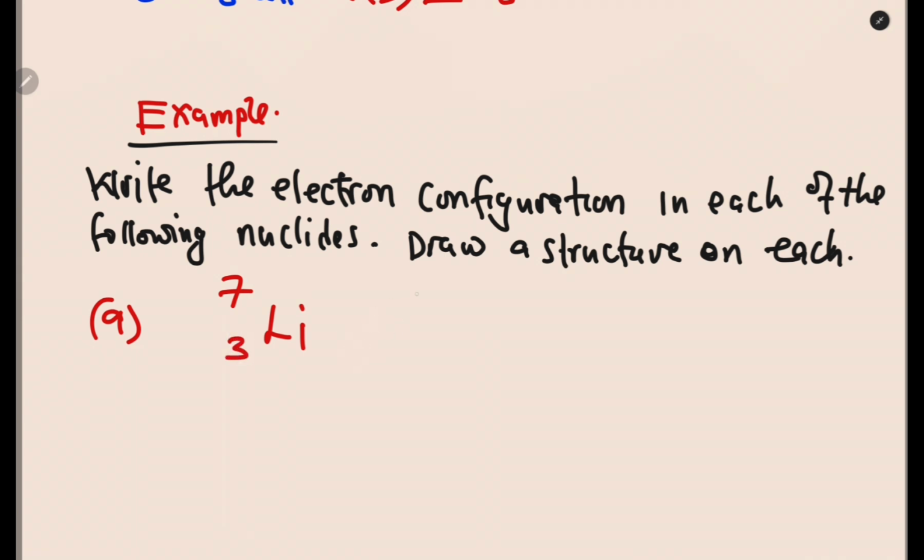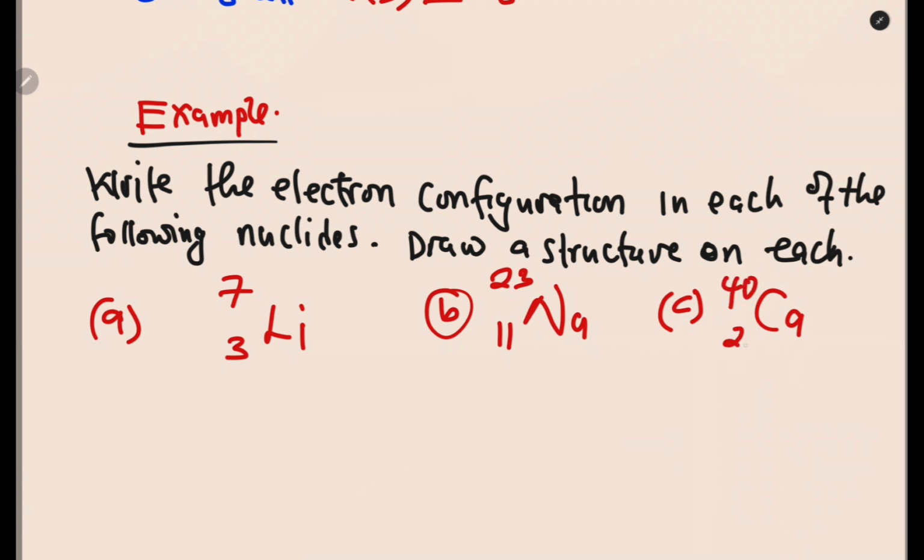Then the second one that we are going to deal with, let me say B, let us look at sodium. Sodium has 23, then here 11. Then the third one, that is C, let us look at calcium. Calcium here has 40 and here has 20.